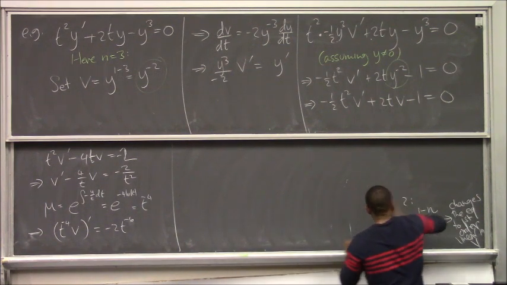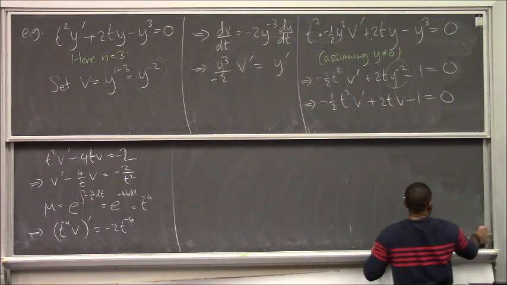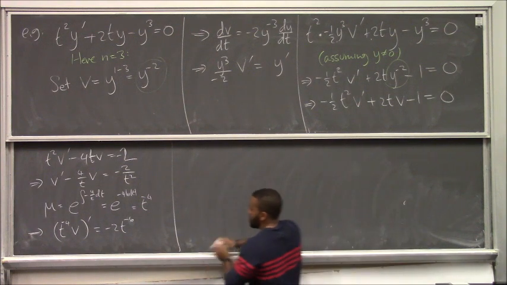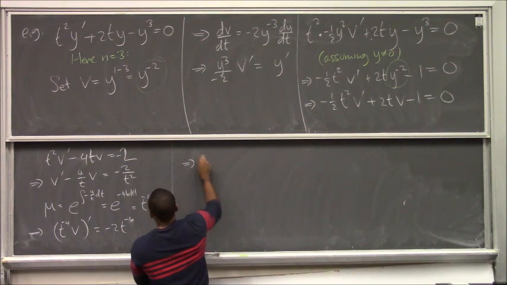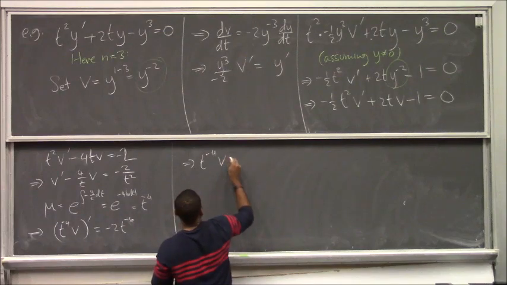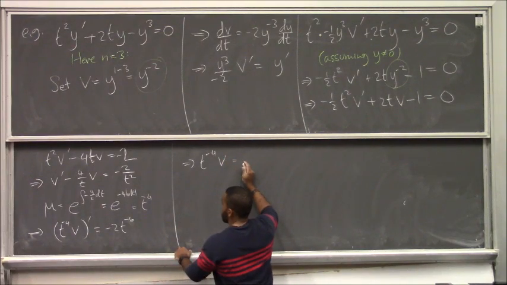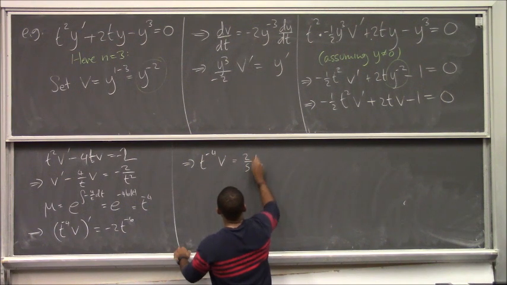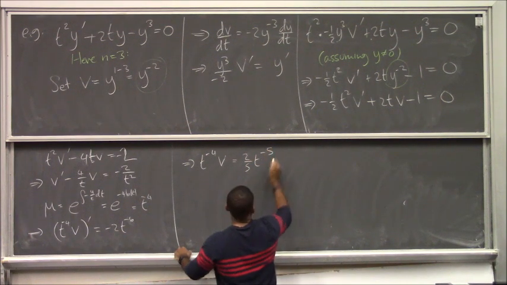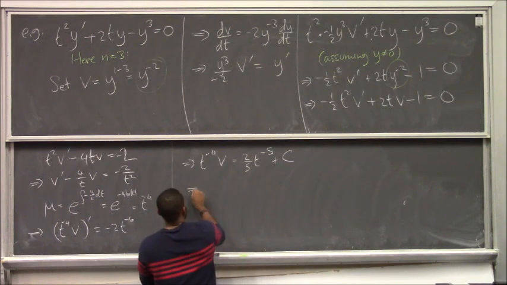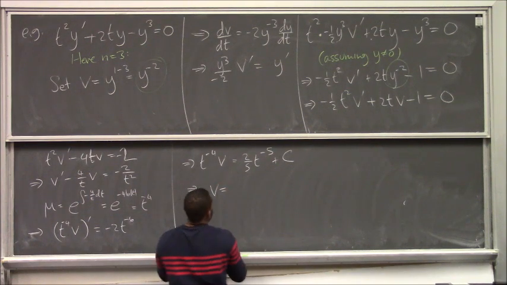Integrate both sides. One-third t. 2/5 t to the negative 5 plus a constant.